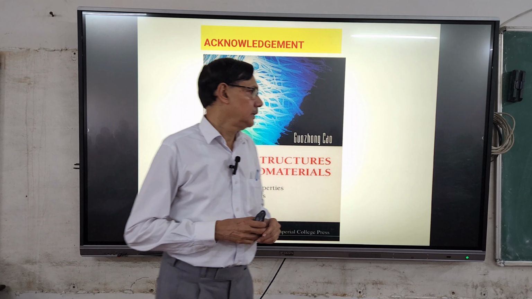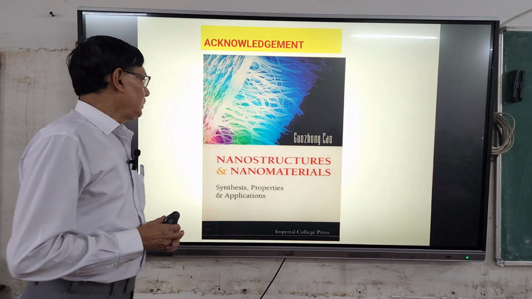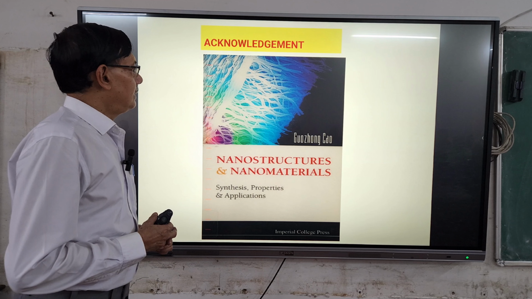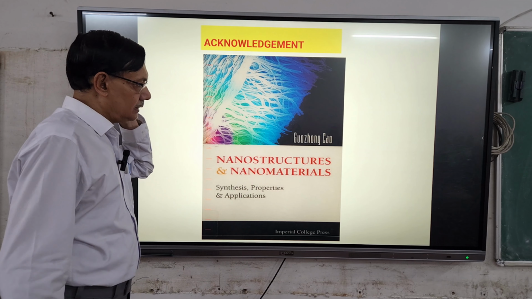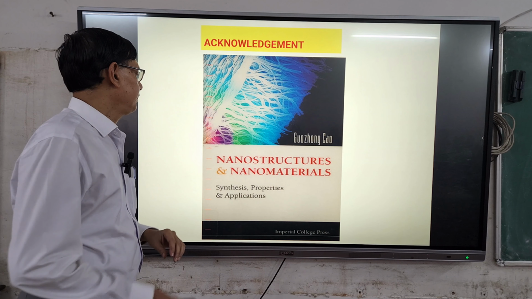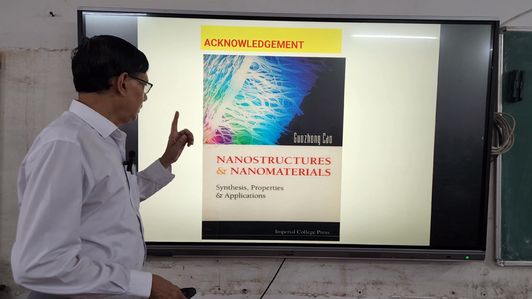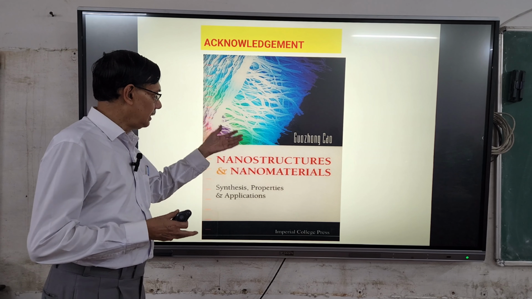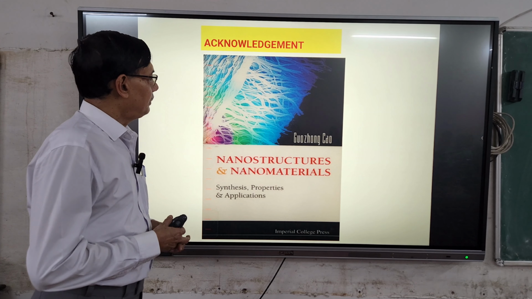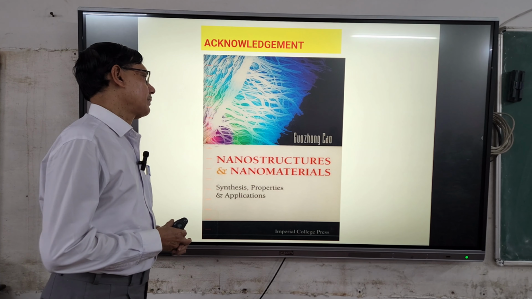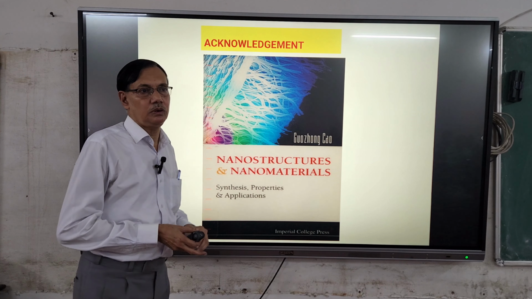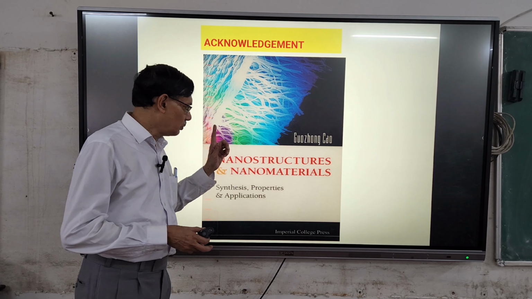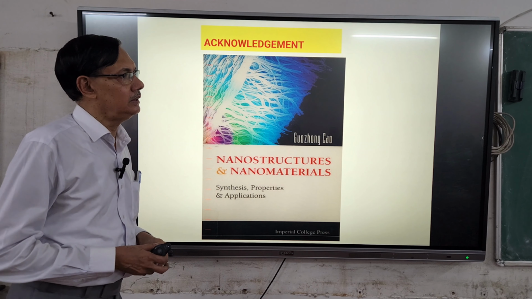But anyway, one important thing I would like to tell you: when I searched the literature and the library, I found there are many books available in our library, even in my lab also. But I found that this is the best book for the examination point of view, or for the student view. I think only one copy is available in the library.